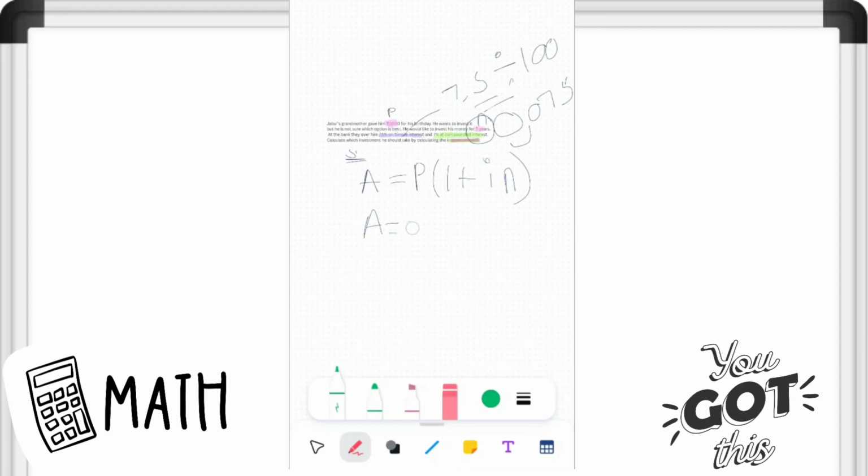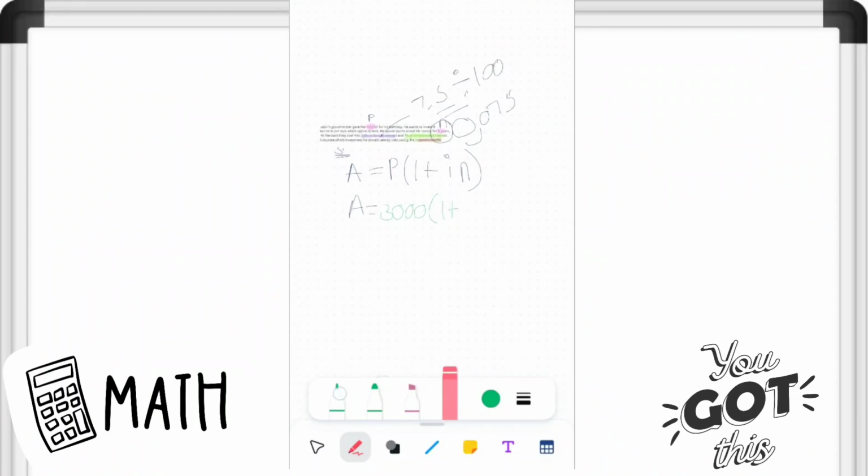So the principal is 3,000, times 1 plus our interest rate, and use brackets because we're substituting. That's 0.075, and we are multiplying that by the number of years, which is 5 years.